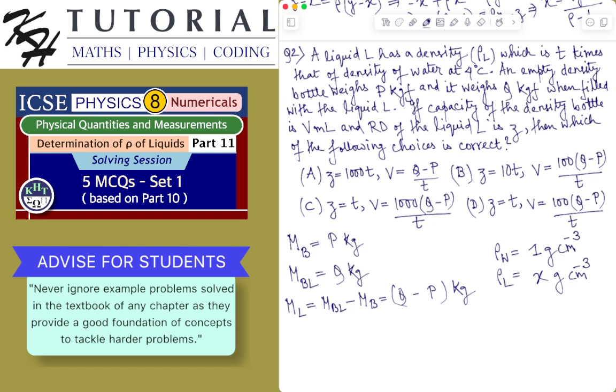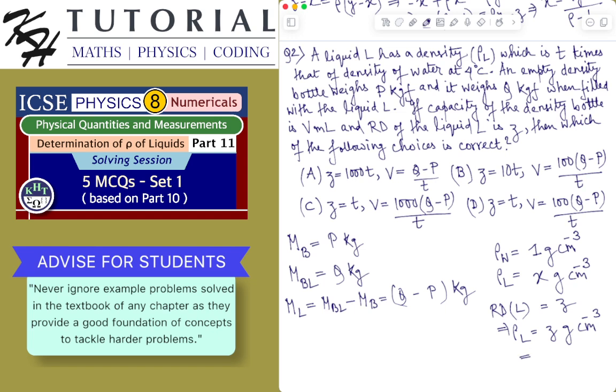Also, it is given that the relative density of the liquid L is Z. Now, the relative density of the liquid L is given to be Z. This clearly says, we can say from here that the density of the liquid L will be Z gram per centimeter cube. Now we also have got earlier that rho L is x gram per centimeter cube.